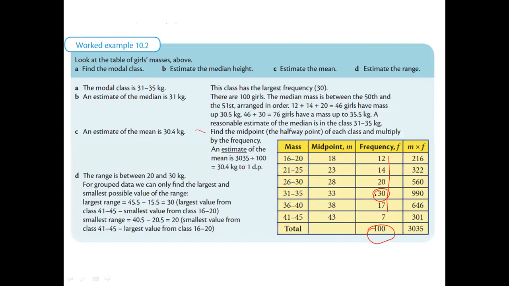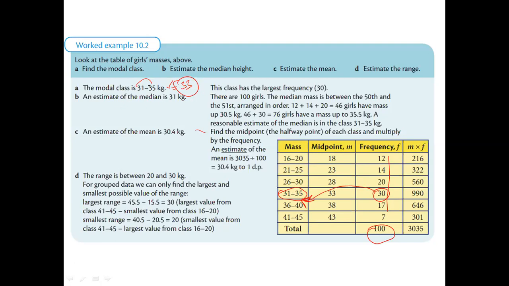Of course 30. The mass is, of course, between 31 and 35. What is the mean of this mass? It is 33, but it is not written directly. Average is 33 kilograms.